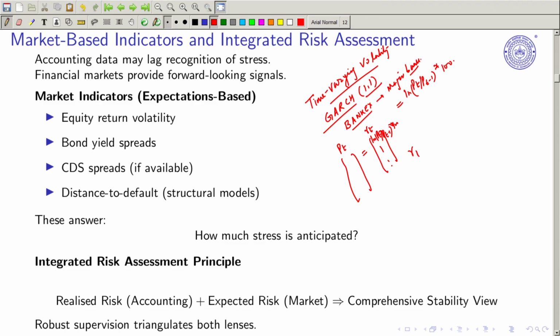Now I can write the regression r_t = alpha_0 + alpha_1 r_{t-1} + epsilon_t, and then take the variance of this. I can write sigma squared epsilon_t = alpha_0 + alpha_1 epsilon_{t-1} squared, and then take the lag of the variance, sigma squared epsilon_{t-1}.